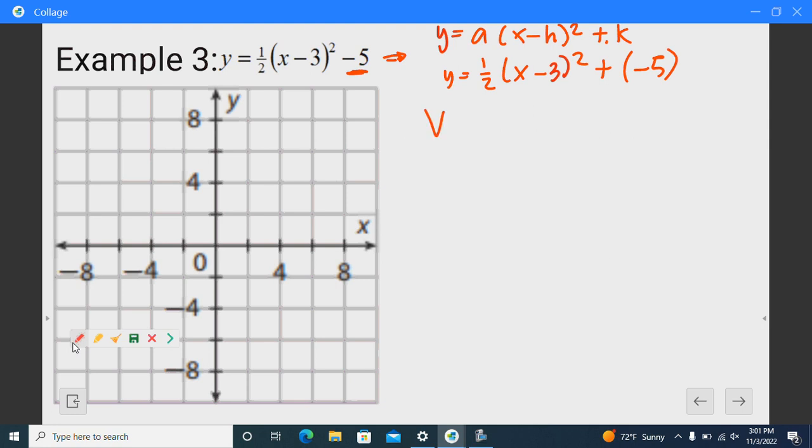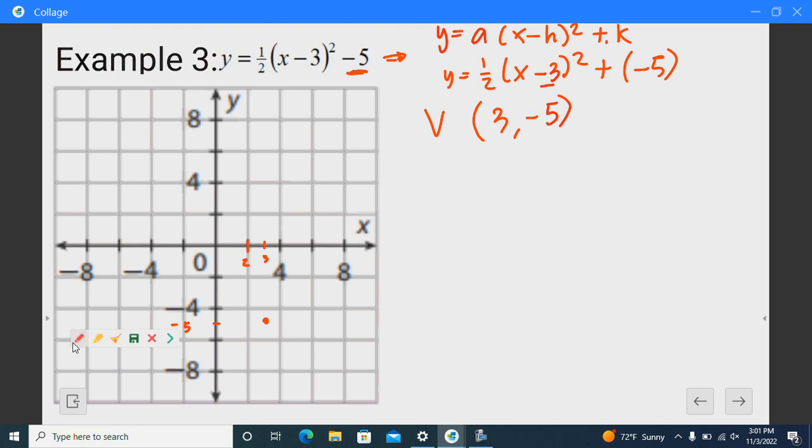Therefore, our vertex is 3 and negative 5. So let's plot the vertex 3 and negative 5. So there's 3, and this is our negative 5. So 3, negative 5 should be here.